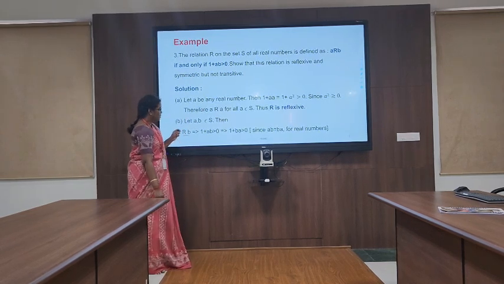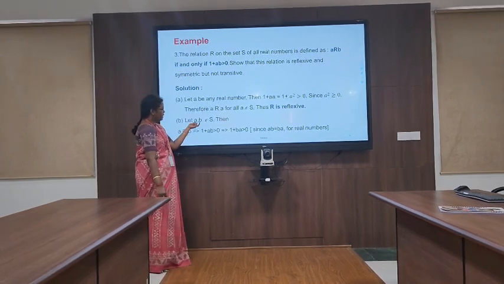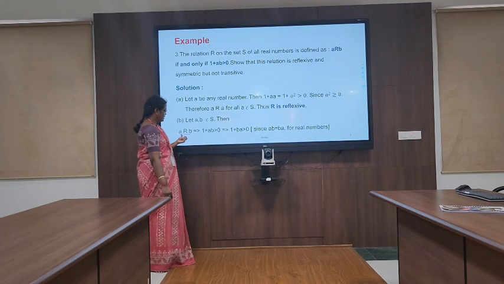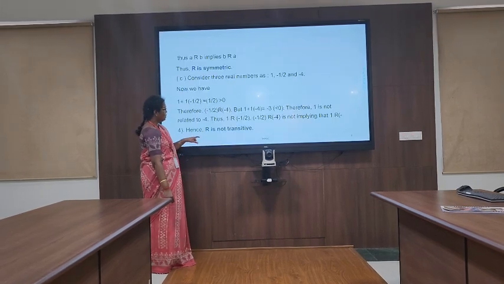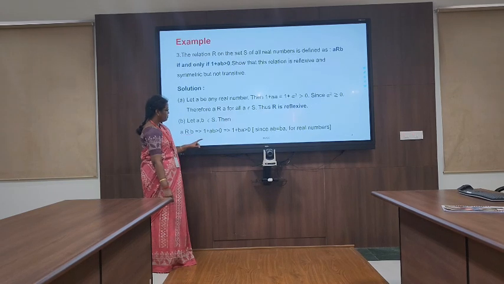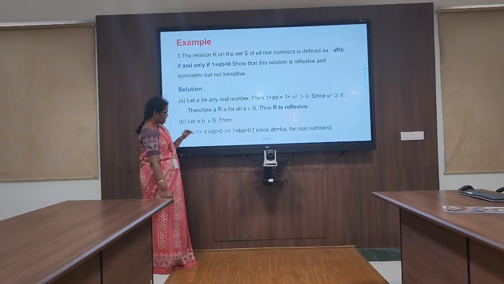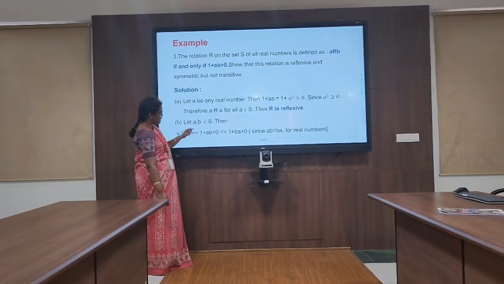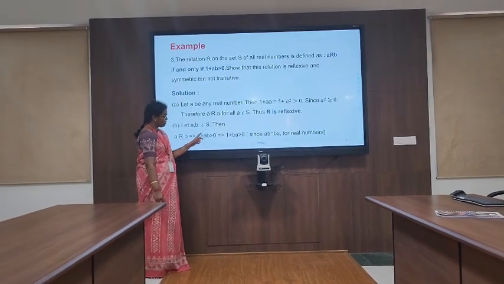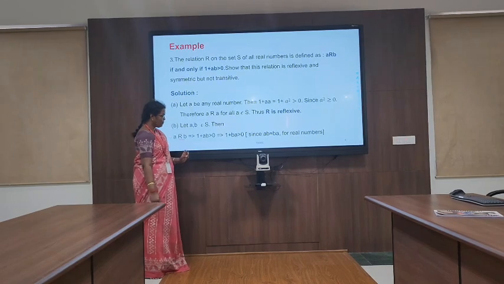Condition number 2 now. Assume two elements from the set of real numbers S, and A is related with B. We try to show B is related with A so that R becomes symmetric. If A is related with B, by the question condition, we have 1 plus A times B is greater than 0.